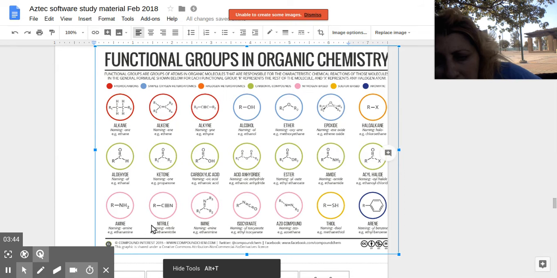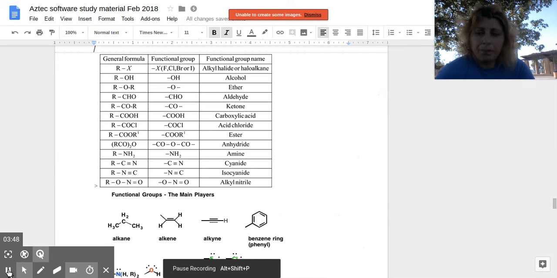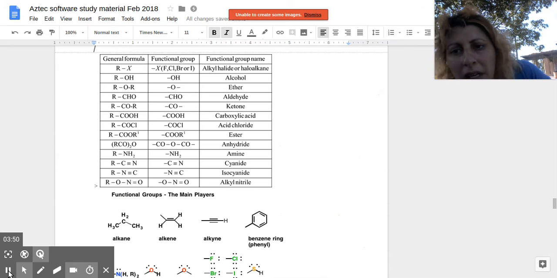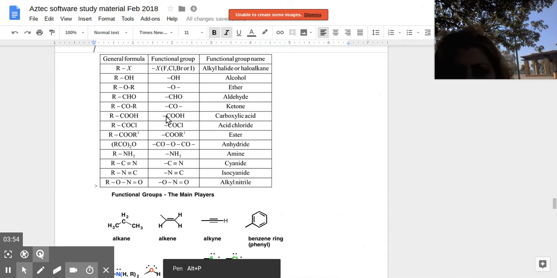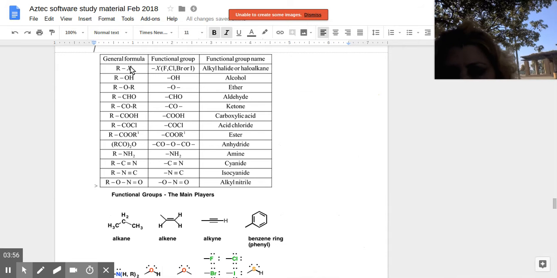So that's that. So again, looking at the functional groups and the formulas. So alkyl halide or haloalkane is an R attached to either fluorine, chlorine, bromine, or iodine.